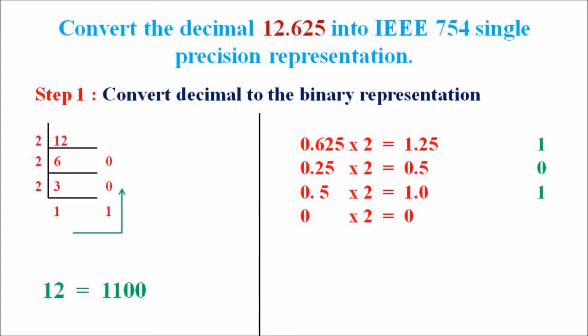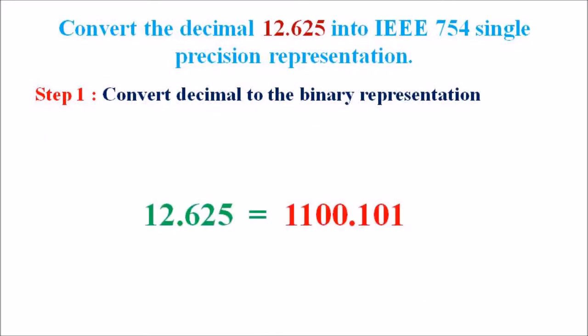We take the whole number portion, that is 0, into the result, and the rest, 0.5, is multiplied again by 2, which results in 1.0. This 1 is taken into the result and the remaining portion is 0. So 0 times 2 exactly results in 0. So the decimal number 0.625 can be represented in binary as 101.